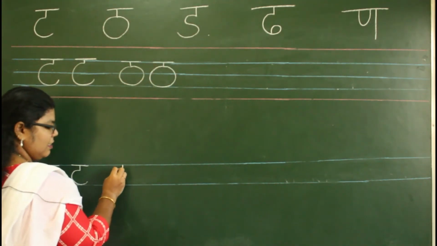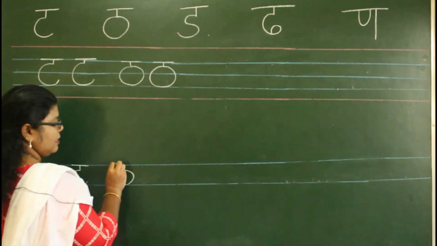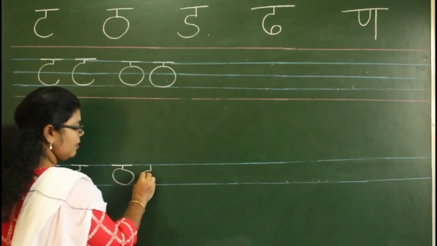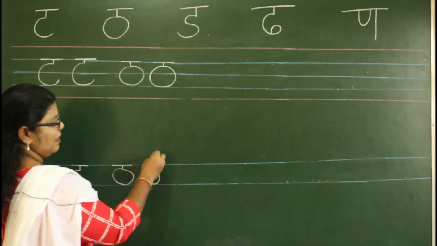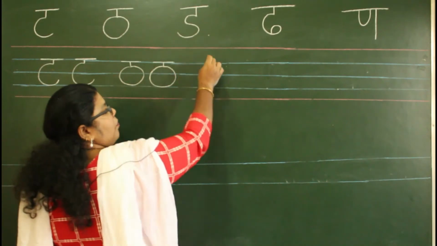Standing line, circle, sleeping line. Once more, standing line, circle, sleeping line. Alright children, next is da.